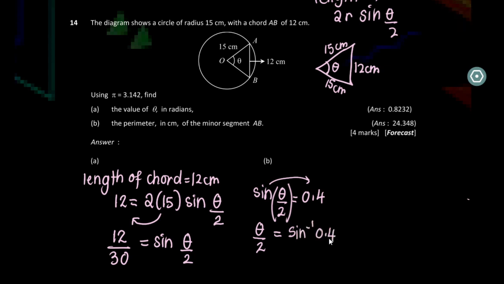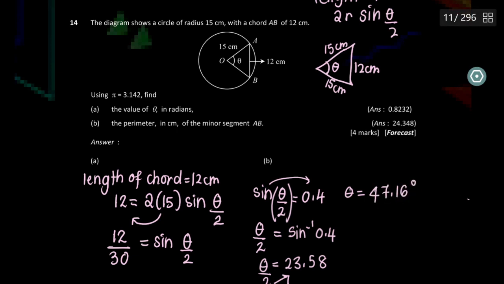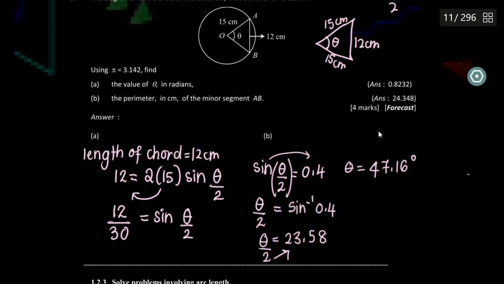You get 23.58. Now to find your theta, you cross multiply, so theta is going to be 23.58 times 2, so you get 47.16 degree.